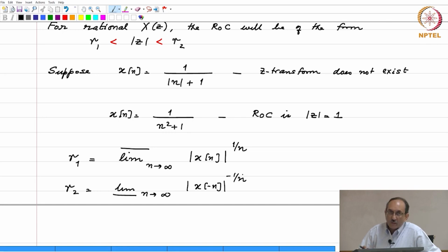We are considering only the class of rational transfer functions, and they are the simplest class, and the moment you evaluate the poles and zeros, you can always be guaranteed that the ROC will be bounded by poles. Question, yes.